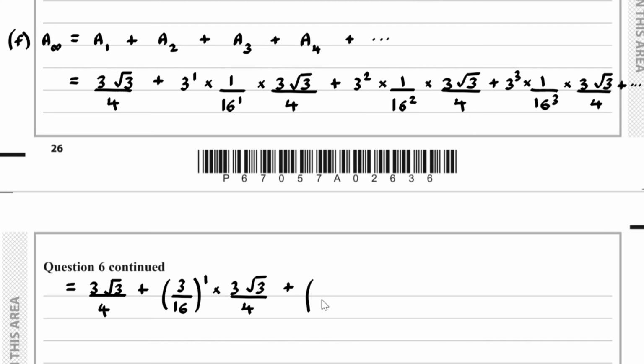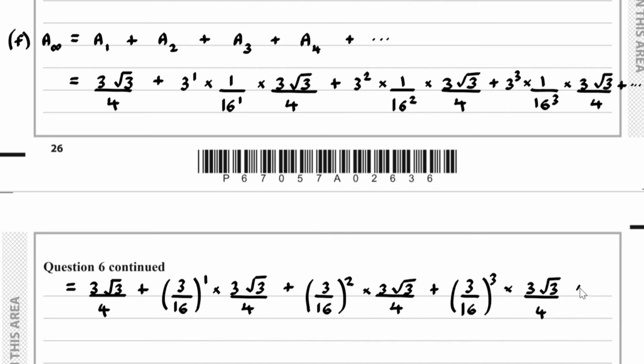And then for the next one, we have 3/16 squared times 3√3/4. And then for the next one, we have 3/16 cubed times 3√3/4, and then we could continue.